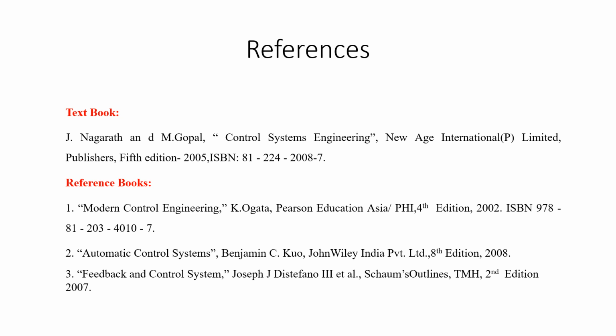This signal flow graph, as you know, was introduced by Mason, and the formula that is used for evaluating the transfer function of a signal flow graph is termed Mason's gain formula, and we have used this Mason gain formula to find out the transfer function for the given signal flow graph, and you have learned how to represent the signal flow graph for a given block diagram and how to evaluate the transfer function.